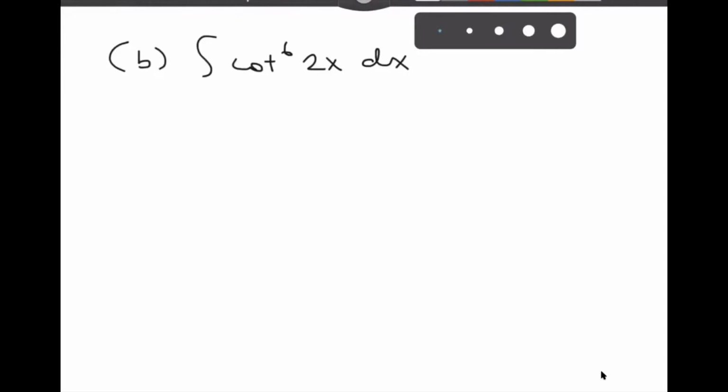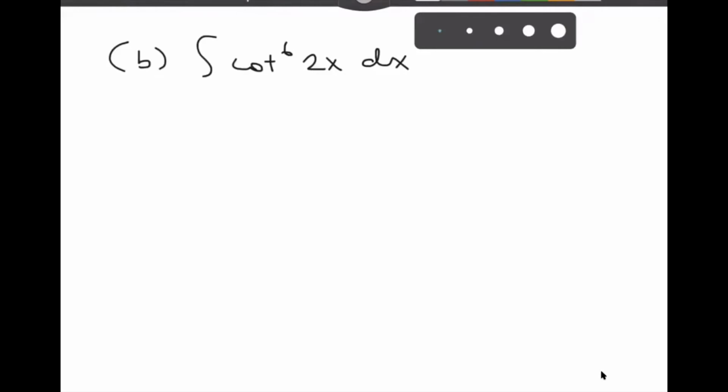So you can use the same general guidelines, just swap out the functions appropriately. So if you have an odd power of cotangent, that's easy. If you have an even power of cosecant, that's easy. Well, we have neither one of those things, so that puts it into the miscellaneous category.